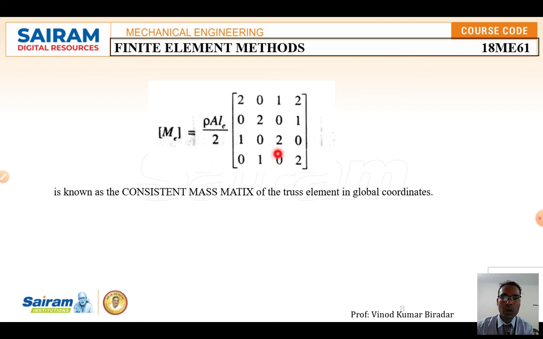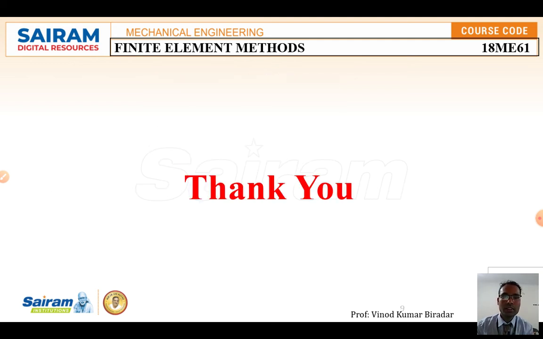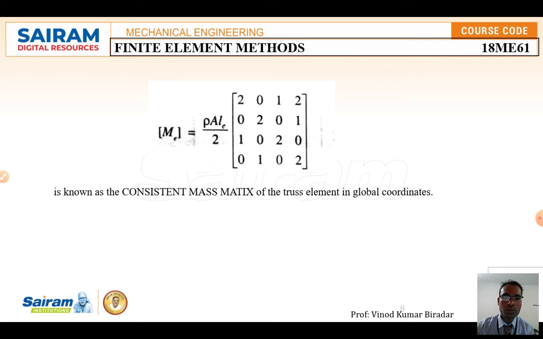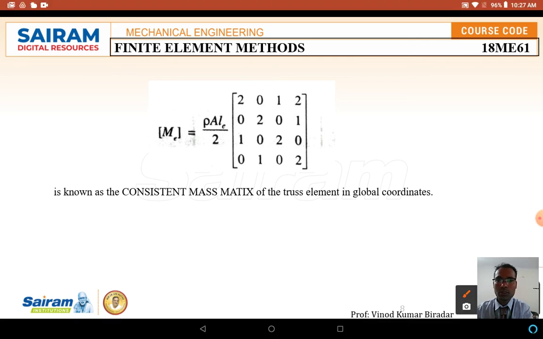So how to remember this? This equation is called the consistent mass matrix for the truss element, and it is very important to solve numerical problems on the truss element. Observe here: this block is 2 0 0 2, so write it as it is.